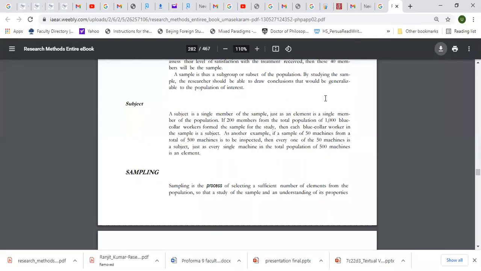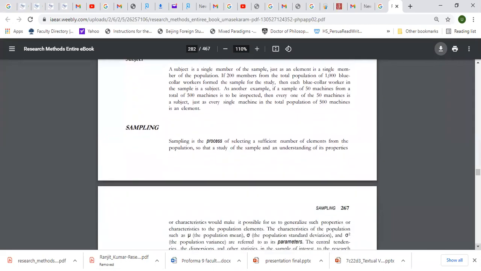Okay. Subject is the single member of the sample. So for example, among those 25 students that you have taken, when you are writing your analysis portion, and in analysis you are trying to say that one person said something, you do not say one person, you say that a subject said.